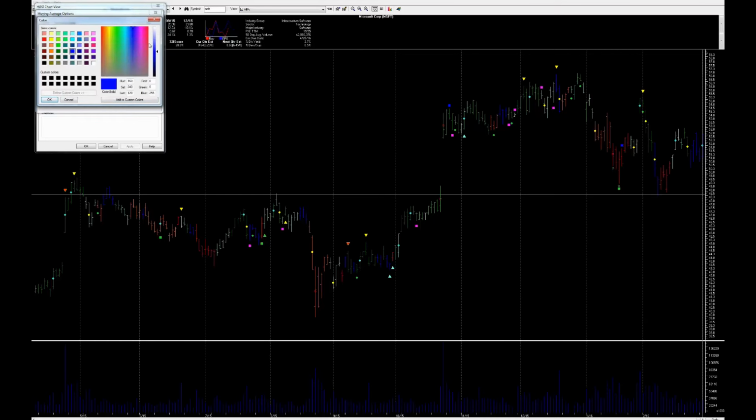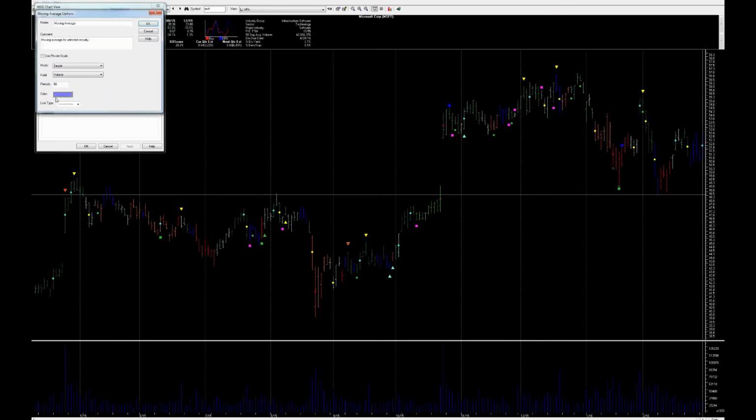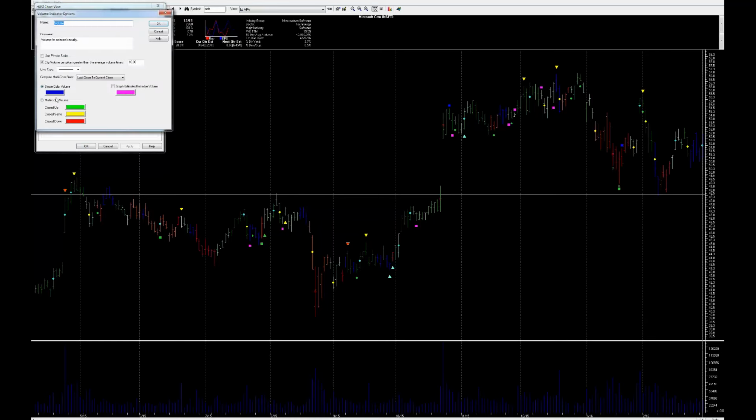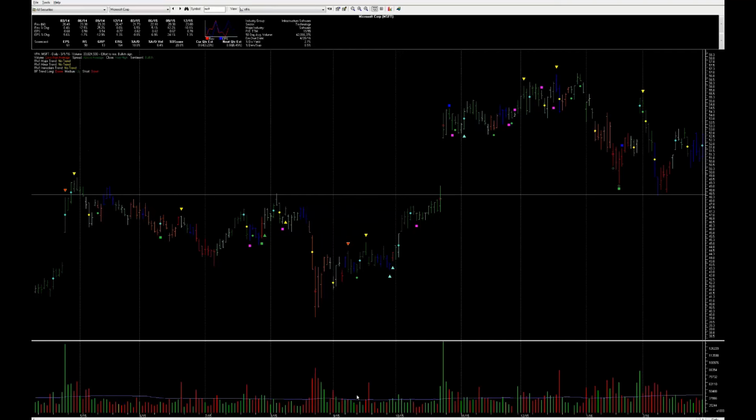I like a little bit lighter color personally. This puts a moving average down into this volume window section. I also like to change the volume to use the multicolor and a thicker line, so you get a little bit better, more obvious volume.